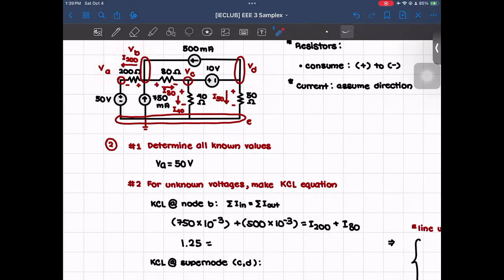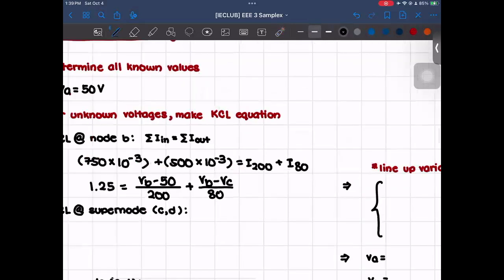So VB minus VA, which is going to be VB minus 50, since we know VA is 50. Then divide that by the resistor, which is 200. Then for I80, that would be VB minus VC over 80. And that will be our first equation.